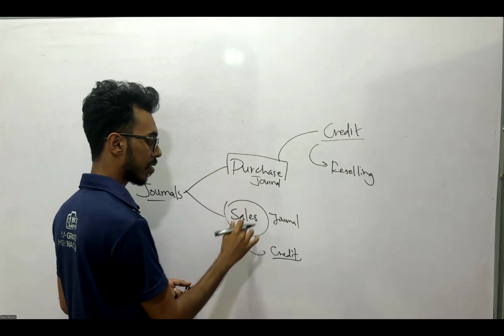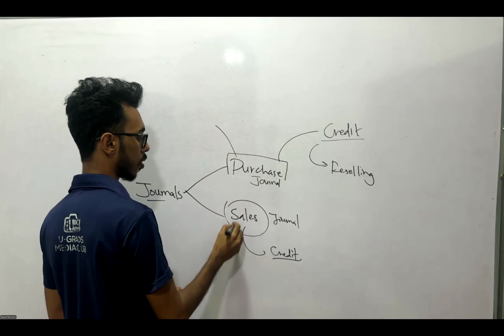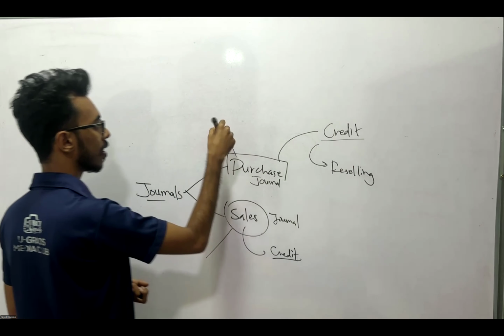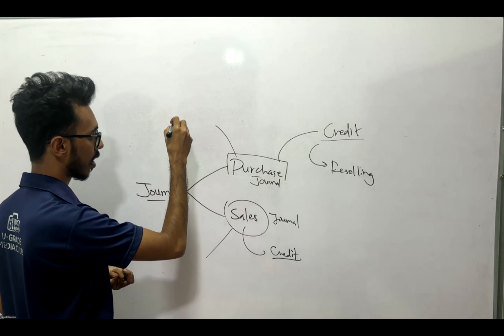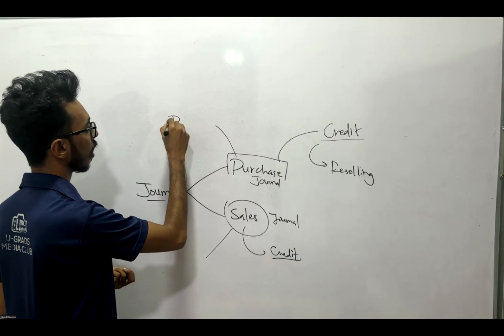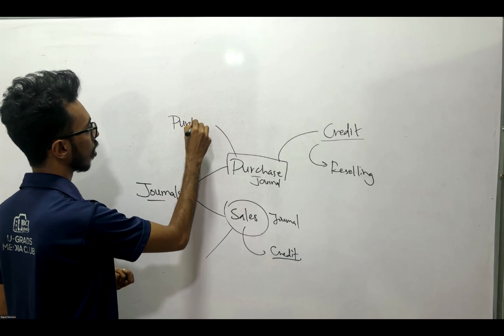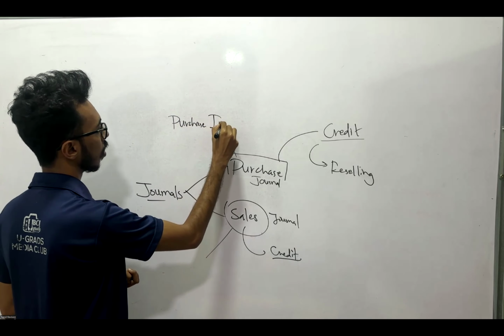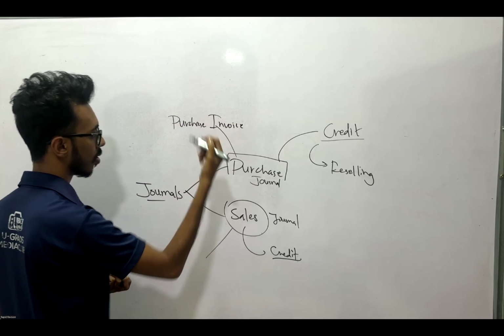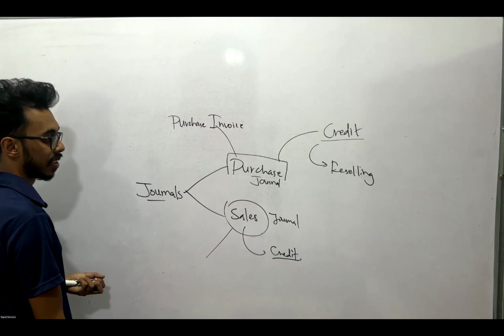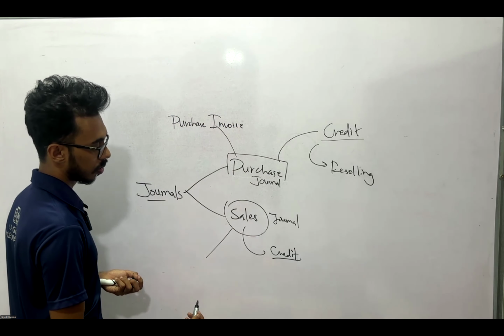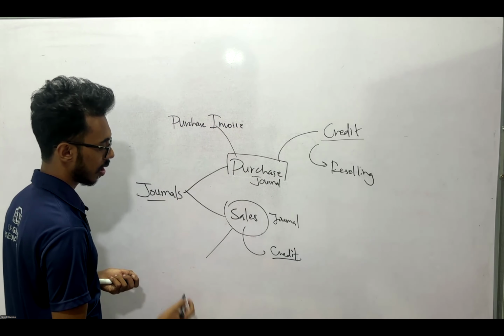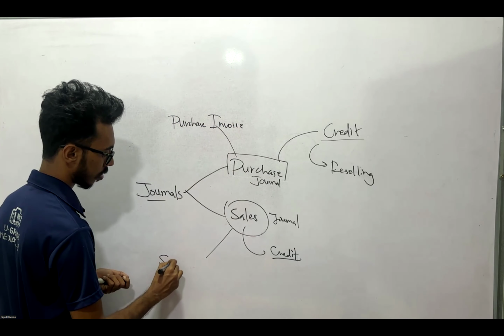Now, for the purchase journal and sales journal there are source documents. For the purchase journal, the source document is the purchase invoice. For the sales journal, it is the sales invoice.